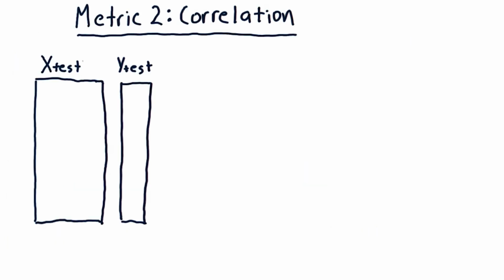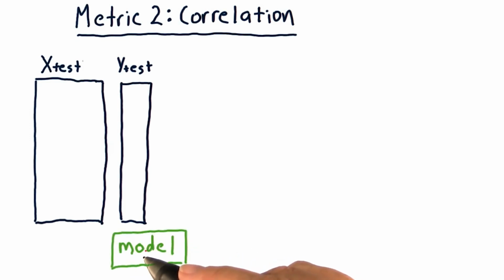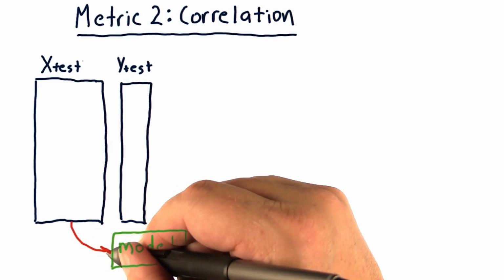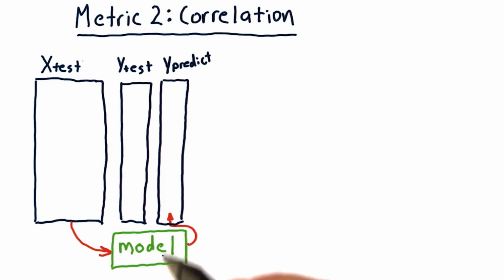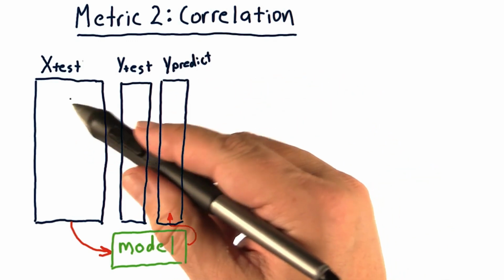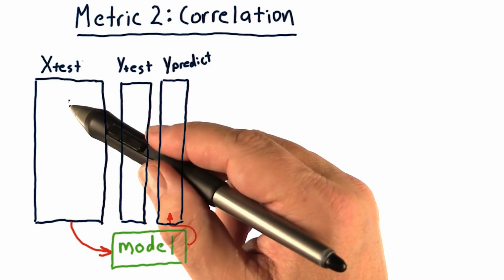Another way to visualize and evaluate the accuracy of a regression algorithm is to look at the relationship between predicted and actual values of our dependent variable y. Here's what I mean. Query our model, the one that we trained on training data, with xtest, our testing data set. The output of that query is a new vector of y values, y predict. So based on this xtest data, our model predicts this y predict data.